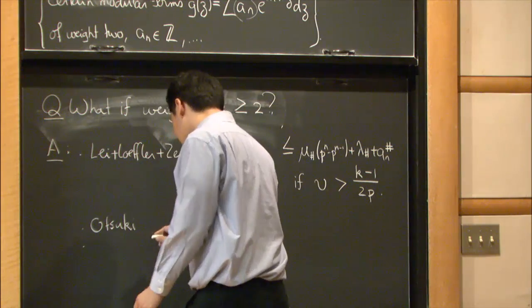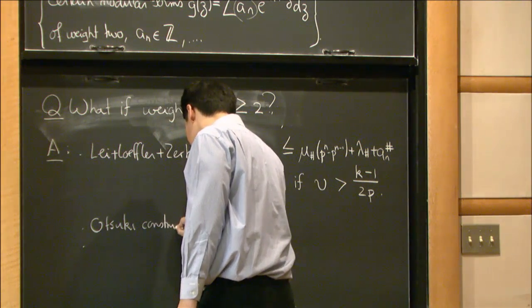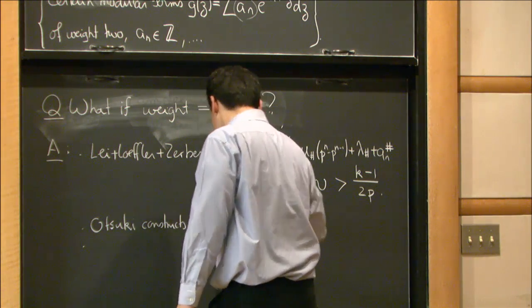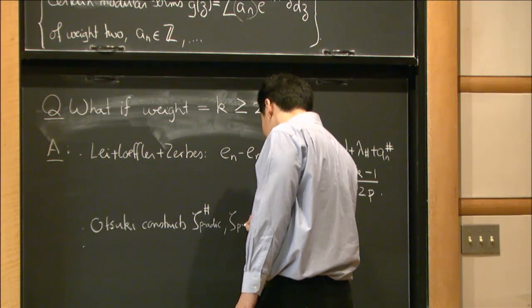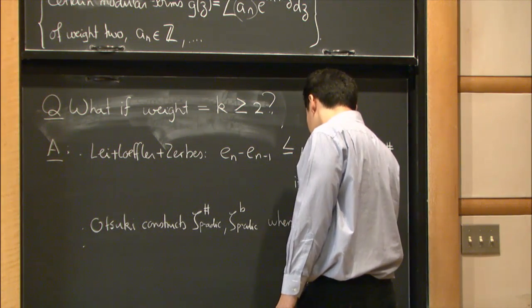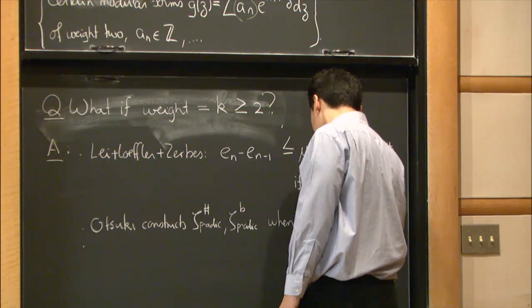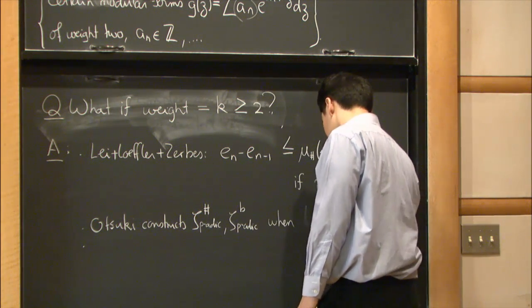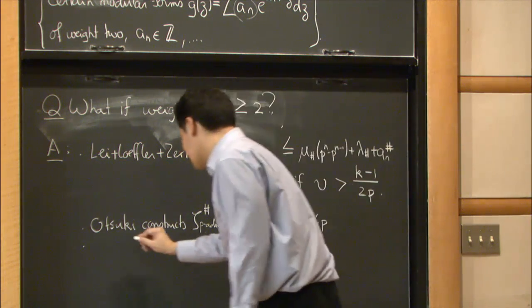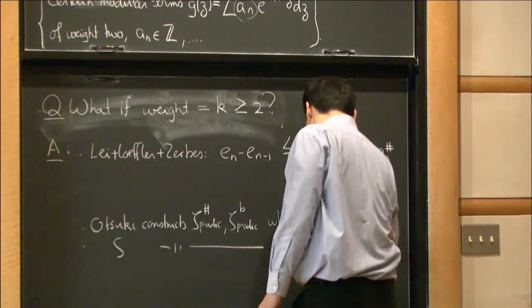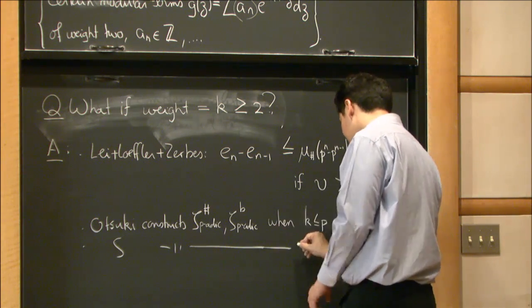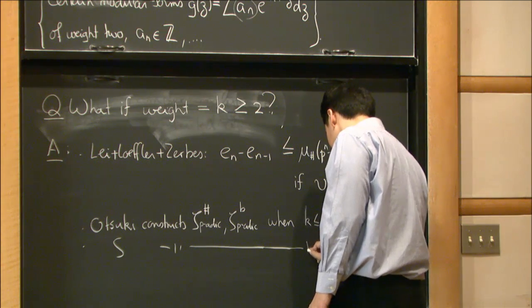So Otsky constructs these p-adic sharp and flat zeta functions basically when k is less than or equal to p, and this can also be done for all k.